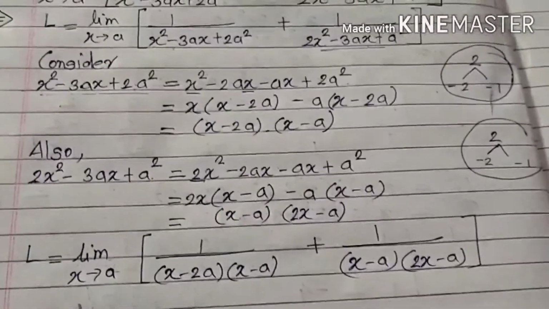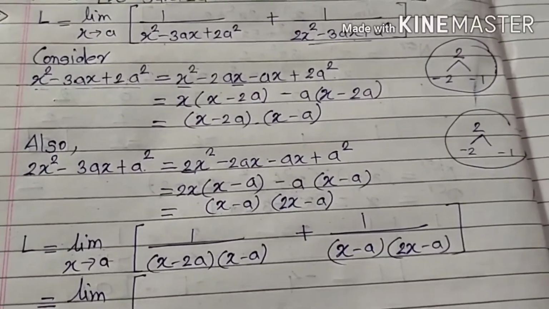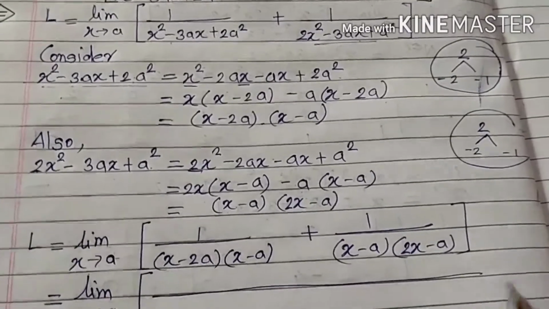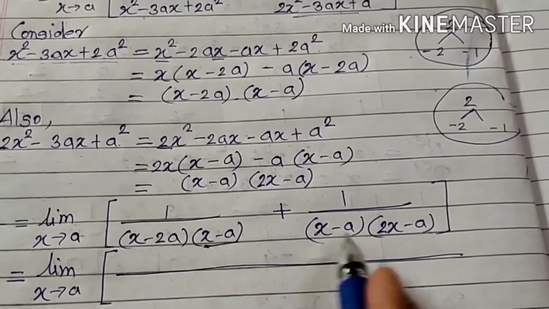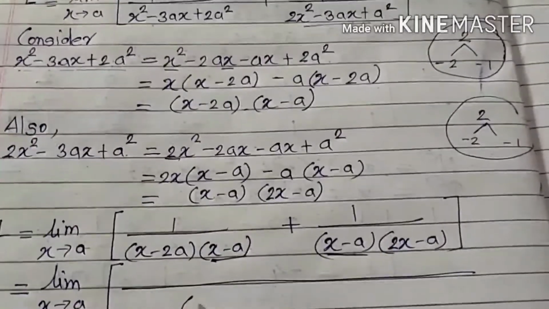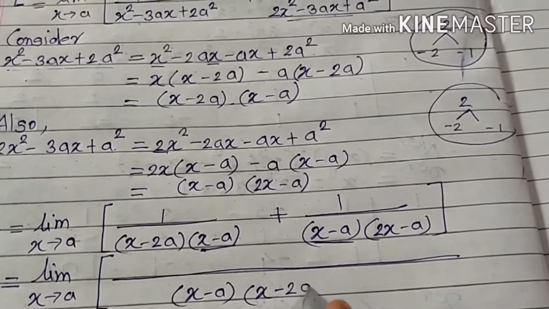Now make a common denominator. For that, first observe factors 1, 2, 3, 4, and this is a common factor, so write it one time only and write the remaining factors.